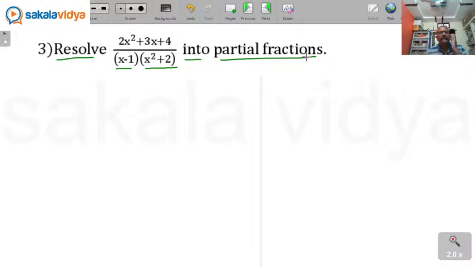Okay, right now we can write the solution like this. Solution.